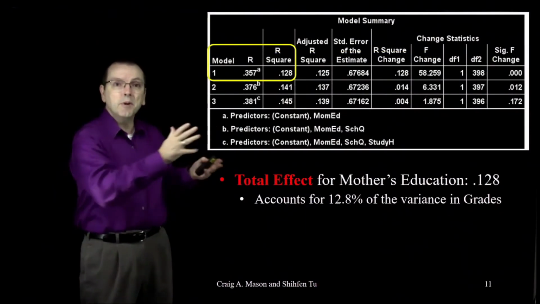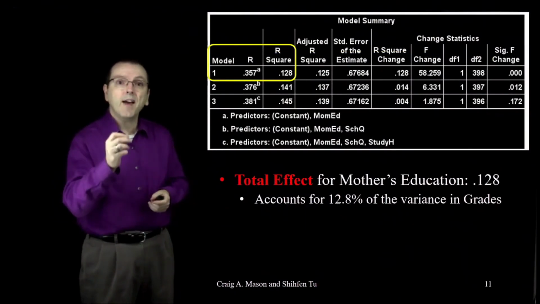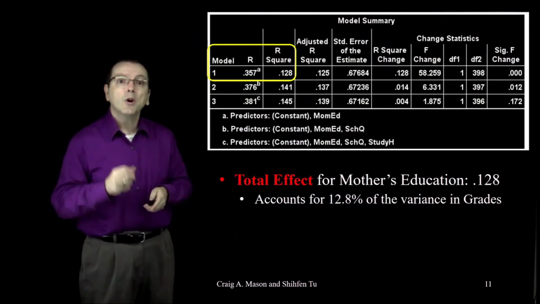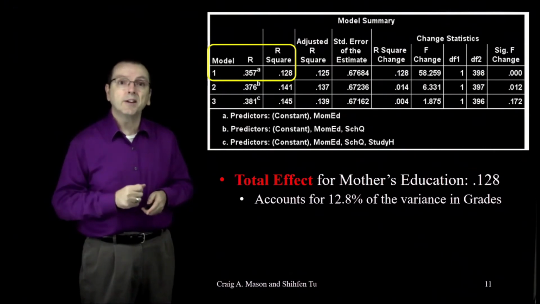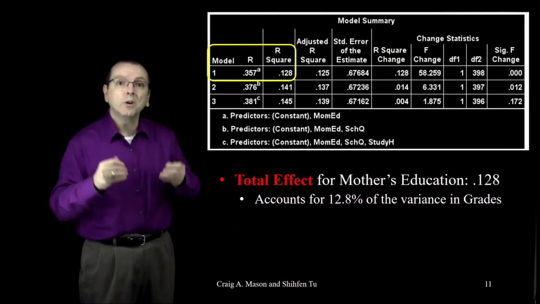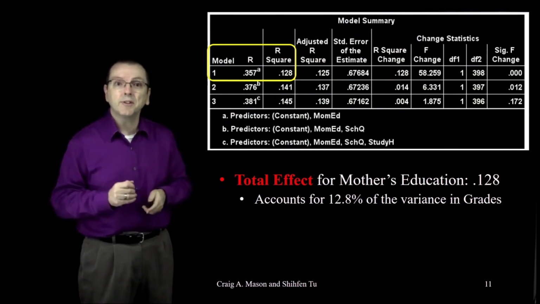In the model summary table, we see that this effect, just mom's education on its own, accounts for 12.8% of the variance in grades. This 12.8% of the variance is the total effect for mother's education.